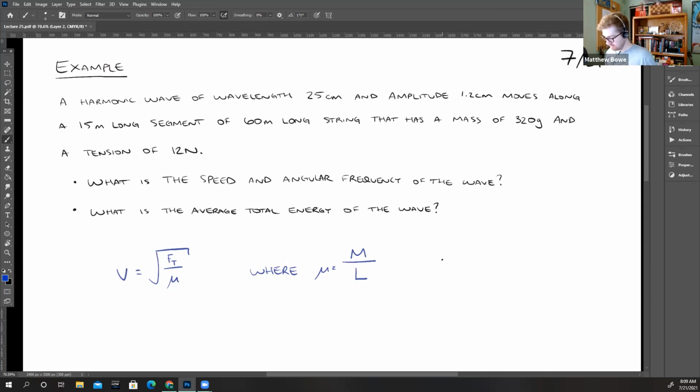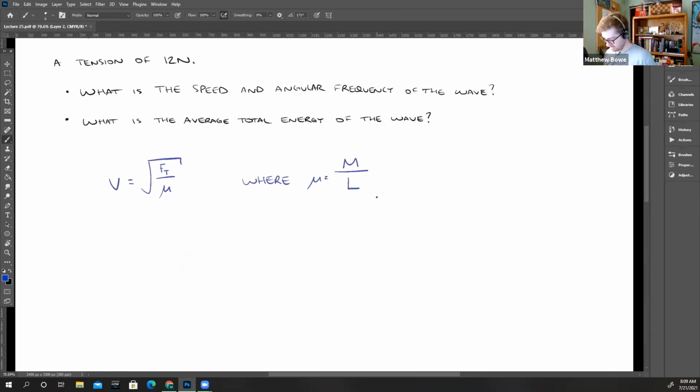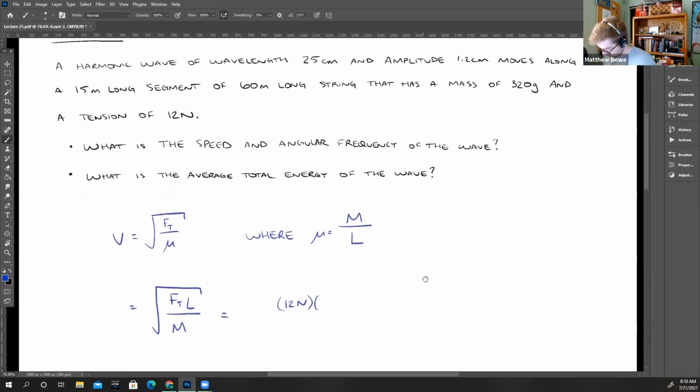So let's take that density right back into that equation. And we could rewrite that velocity formula as the square root of the tension over, there'll be mass and there'll be a length on the numerator like this. Then from here on, it's a pretty straightforward problem. We have the tension already given to us, 12 newtons.